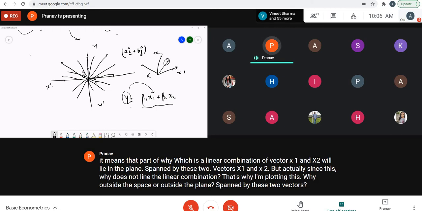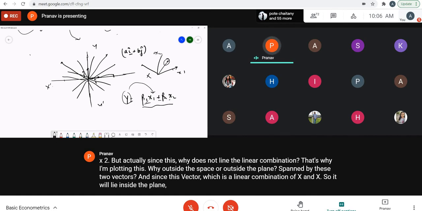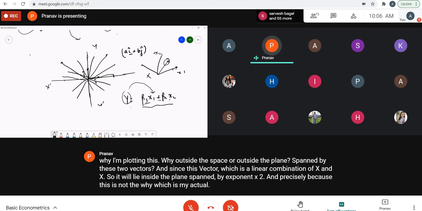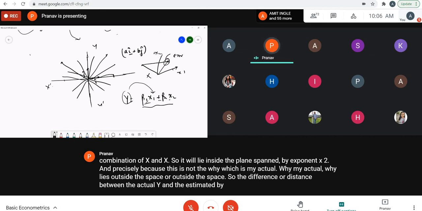And since this vector, which is a linear combination of x1 and x2, will lie inside the plane spanned by x1 and x2, and precisely because my actual y lies outside the space, the difference or distance between the actual y and the estimated y is called your error.